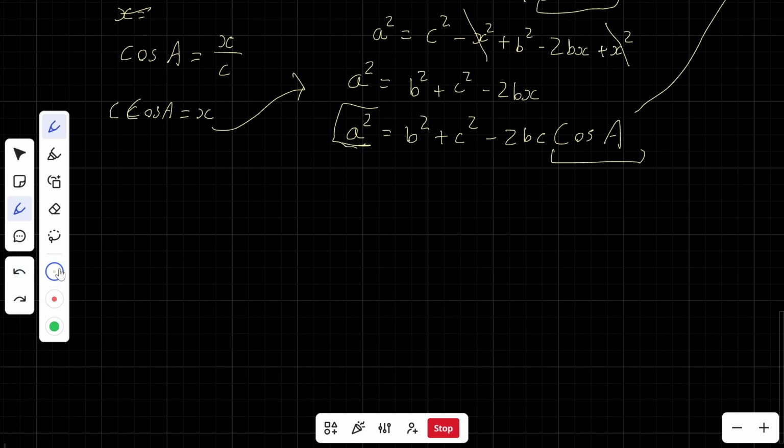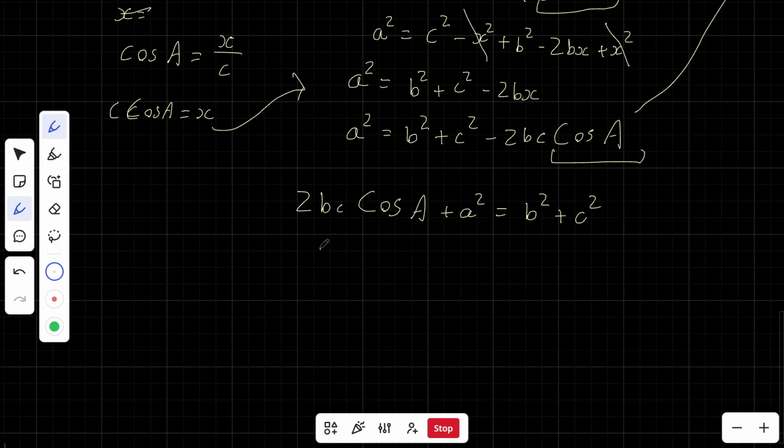So if we add 2bc cos A onto both sides, what will we get? 2bc cos A plus a squared equals b squared plus c squared.